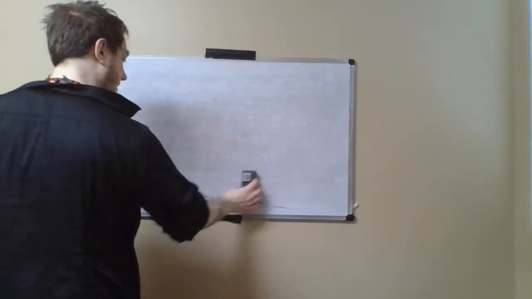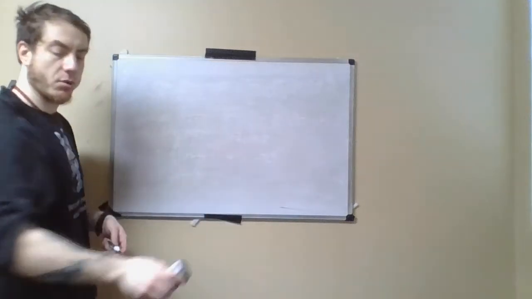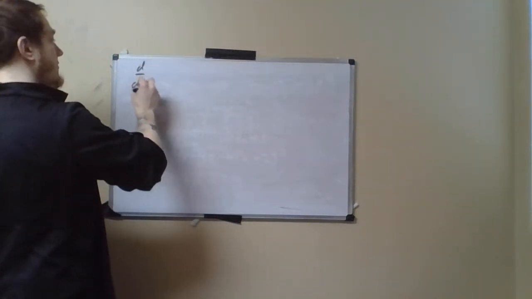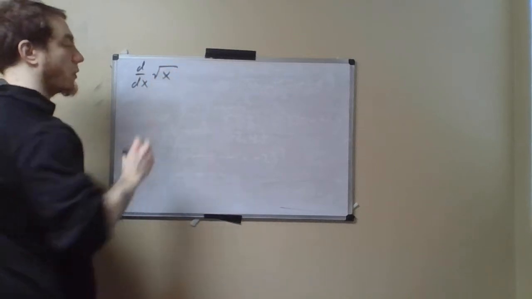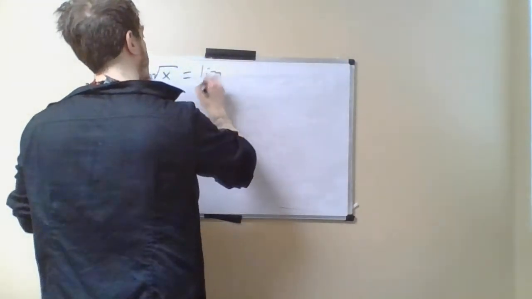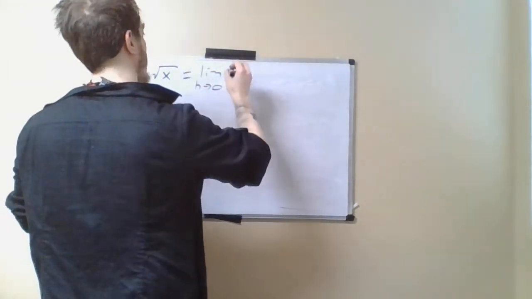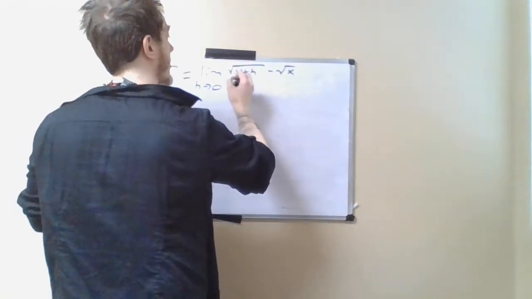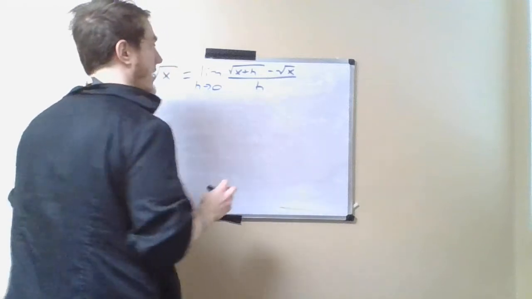Let's take a look at a slightly more complicated example here. Let's suppose that I wanted to find the derivative of the square root of x. Now this one's going to be a bit trickier. We take the limit as h approaches 0 of square root of x plus h minus square root of x, all divided by h.